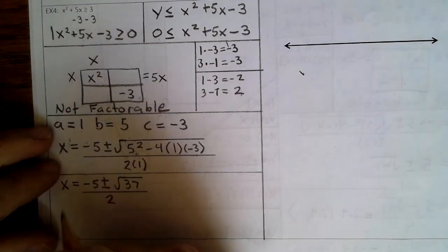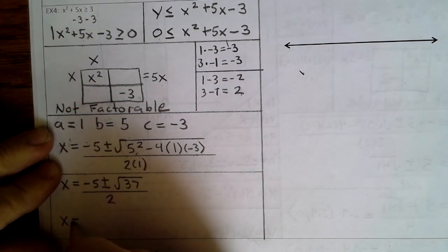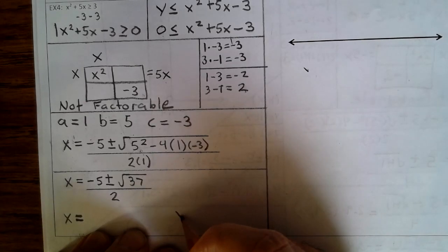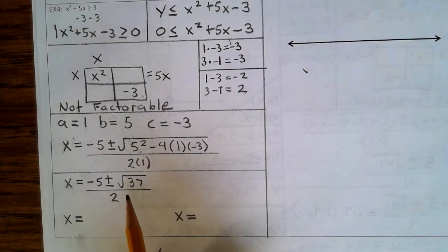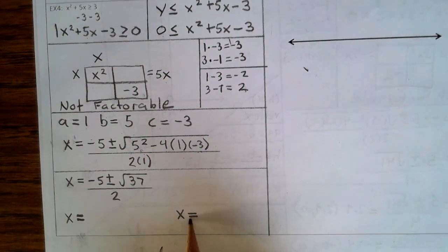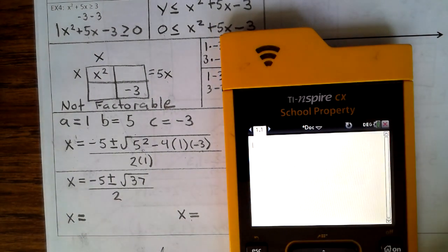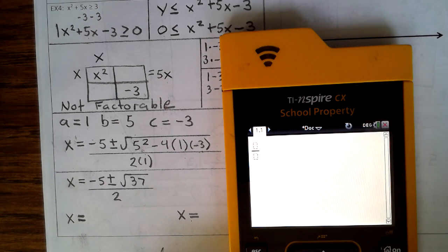So we have x equals, and I think from here, I'm okay if you just plug that into your calculator and get your x values, okay? So let's go ahead and do that. So that's negative 5 plus the square root of 37, divided by 2. Enter.